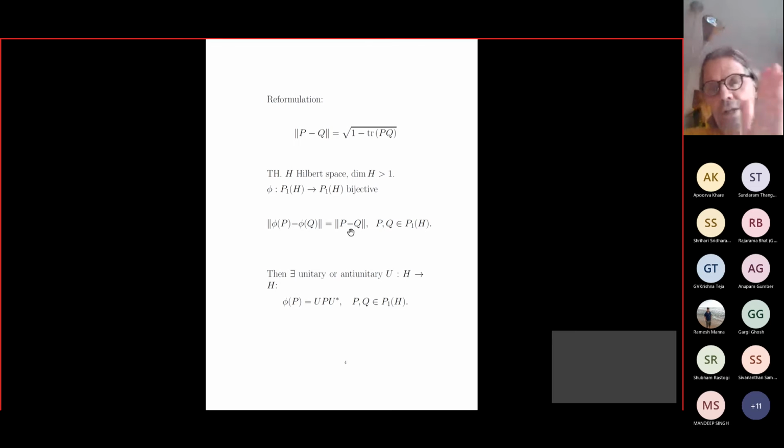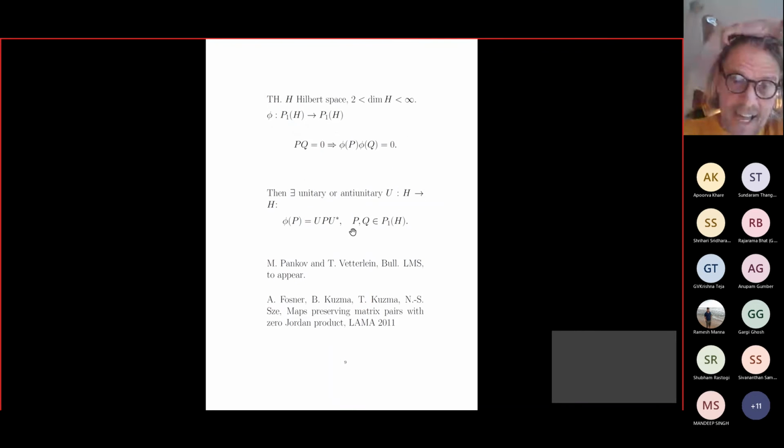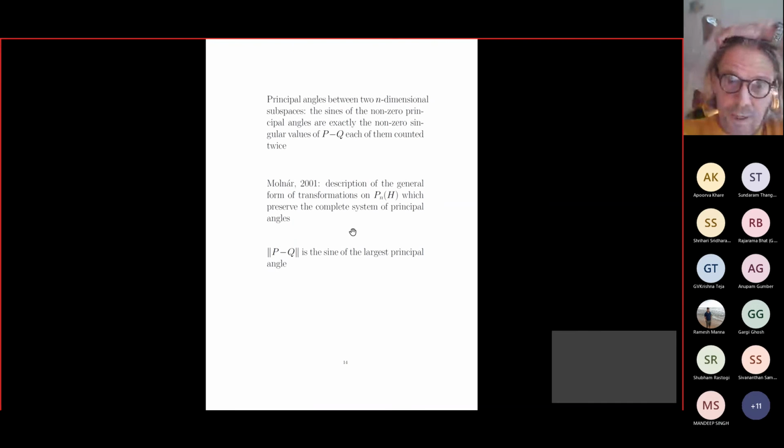These are projections of rank 1, so geometrically we are speaking of two lines, and this norm is determined by the angle between those two one-dimensional subspaces. The mutual position of two projections of rank 1 is determined by the angle between the corresponding subspaces. Now, what is the problem here?